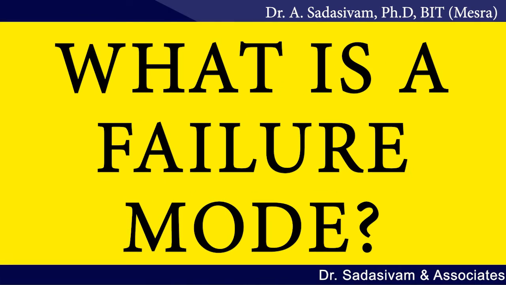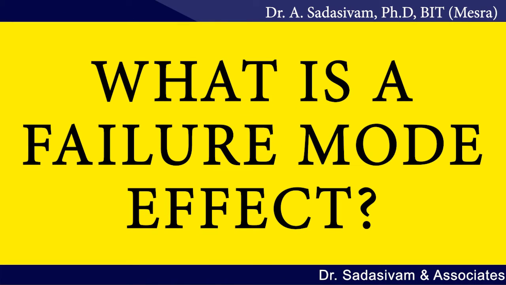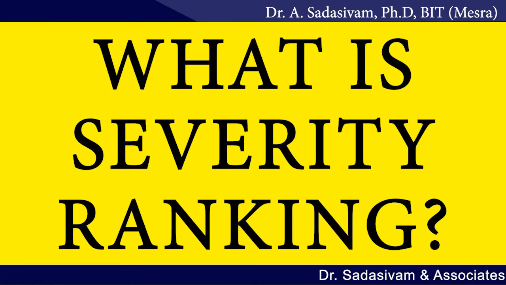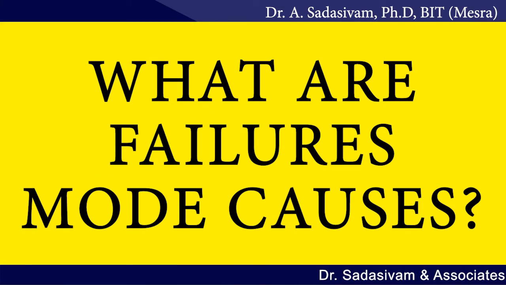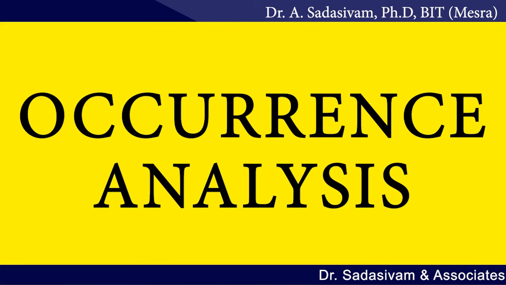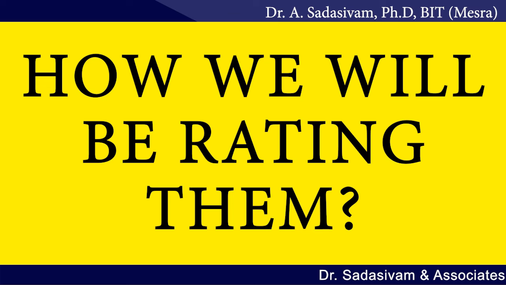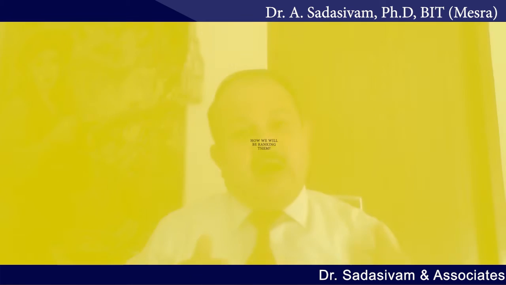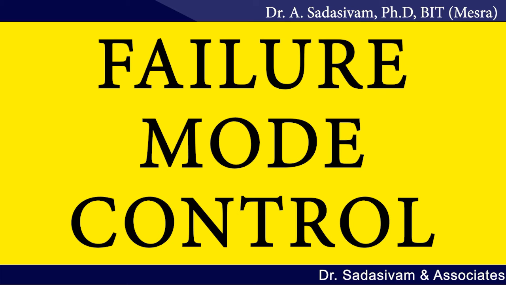There are some important terminologies that we need to know. For example, what is a failure mode? What is a failure mode effect? What is severity ranking? What are failure mode causes? Occurrence analysis. And typically when we talk about occurrence analysis, we will also be talking about how we will be rating them, and based on various parameters, how we will be ranking them. And then we will be talking about failure mode control.